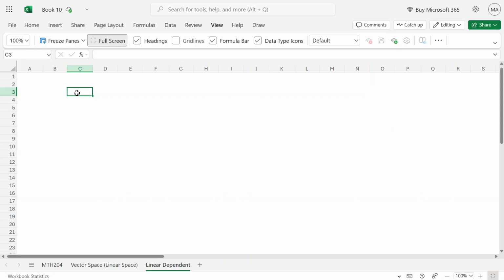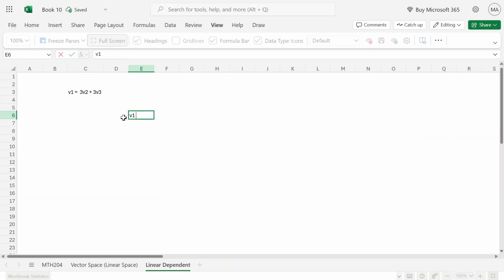What linear dependency is saying is: is there a vector in this system that can be represented by the other vectors? Maybe something like v1 equals 2 v2 plus 3 v3. So this system may consist of v1, v2, and v3.